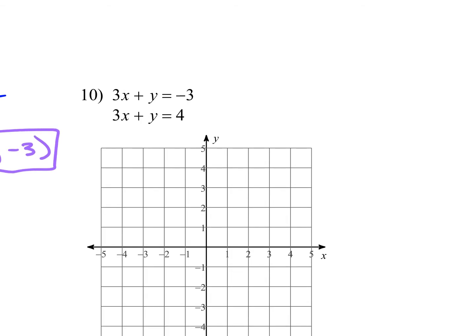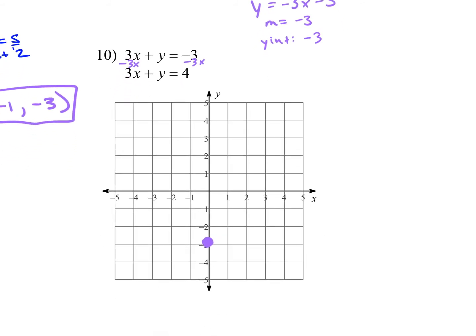So for the first equation, how do I get it to be y equals? Subtract 3x on both sides. So I have y is equal to negative 3x minus 3. So what's my slope? Negative 3. And what's my y-intercept? Negative 3. So I'm going to put a point at negative 3. And how do I do the slope of negative 3?